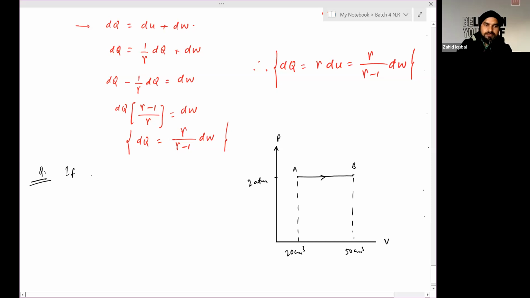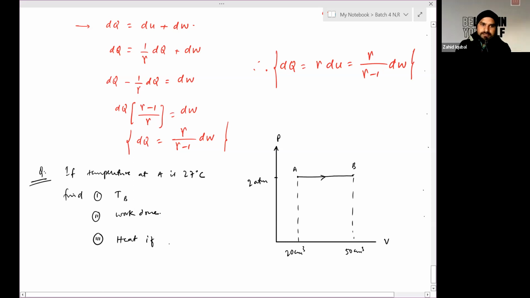If the temperature at A is 27 degrees Celsius, find first the temperature at point B, second the work done, third the heat, if the gas is helium.